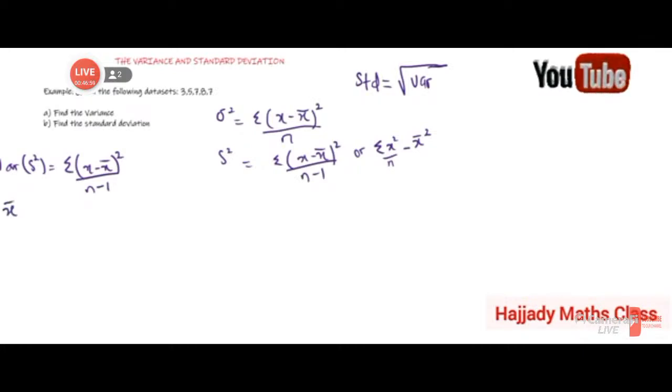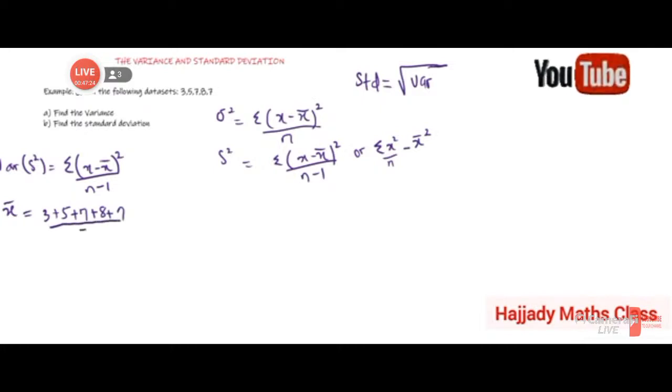In our previous video we've shown how to calculate our mean. That means addition of everything over the number of observations, so 3 plus 5 plus 7 plus 8 plus 7. We are dividing everything by the number of observations, which is 5.